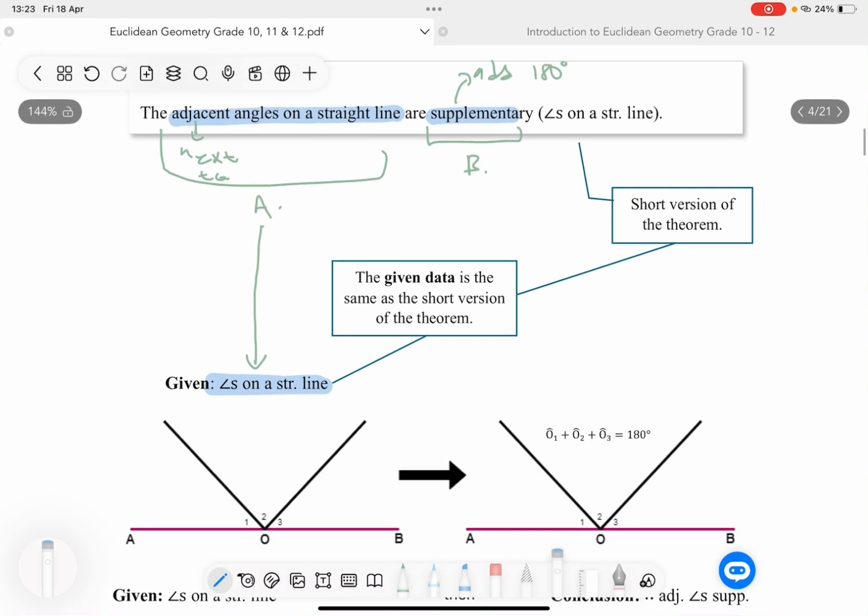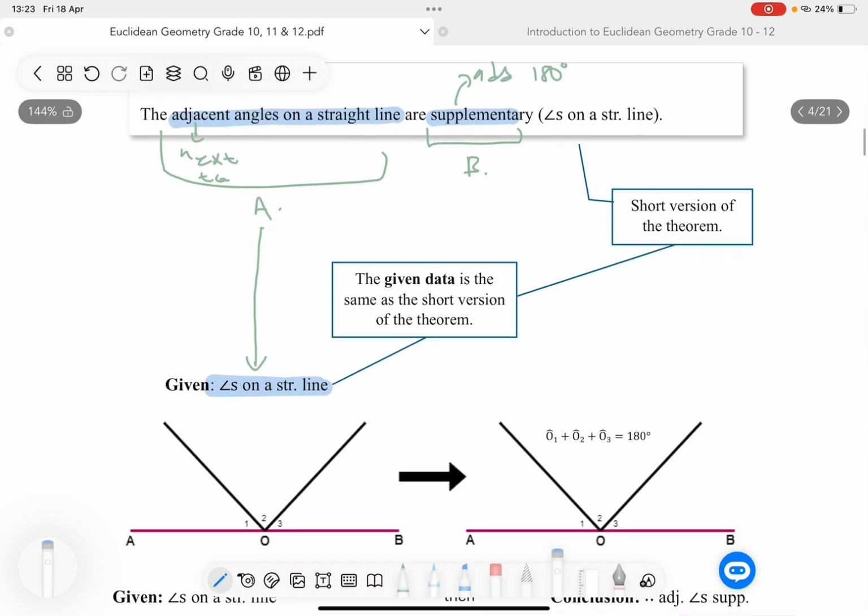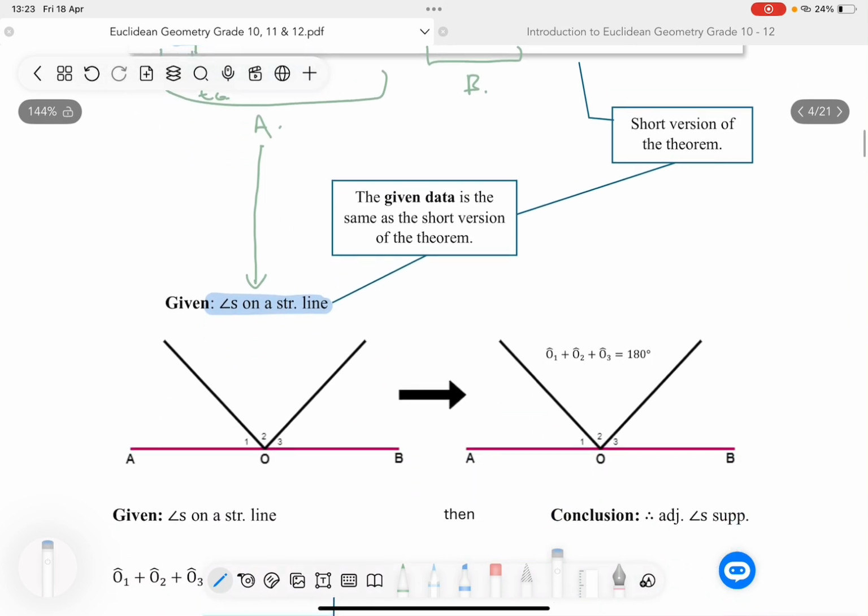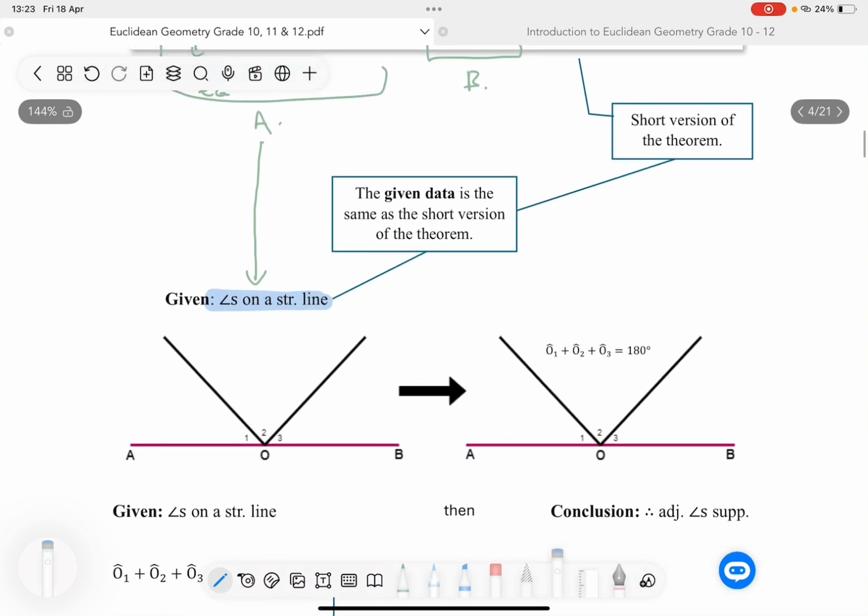Now, it is important, as I started by looking at the diagrams when we began this lesson, to actually see this statement in a diagram, because oftentimes when we solve problems, they'll come in diagrams. So what we start with is a straight line which we call AOB. On this straight line, we have a line that comes through like that, and a line that comes through like that as well.